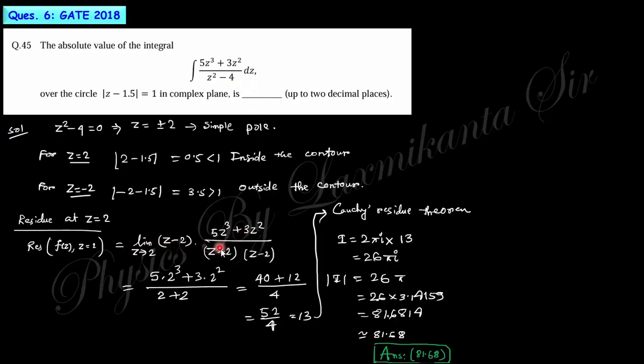Z minus 2 cancels out, only the remaining part is present, and put z equals 2 in this portion, and you will get 13. So the residue theorem says that the integral will be 2 pi i times the residue at that point, that is 26 pi i. So the value will be 26 pi. Pi is 3.14, so multiplying, we get 81.68. So this is the answer to this question.